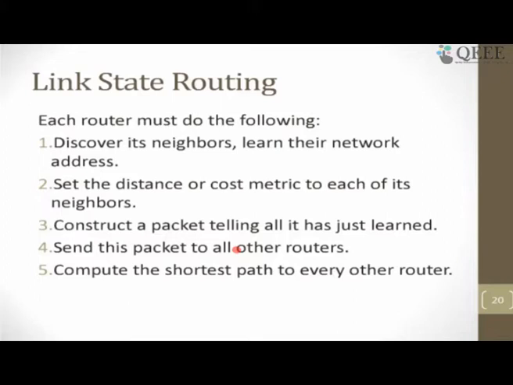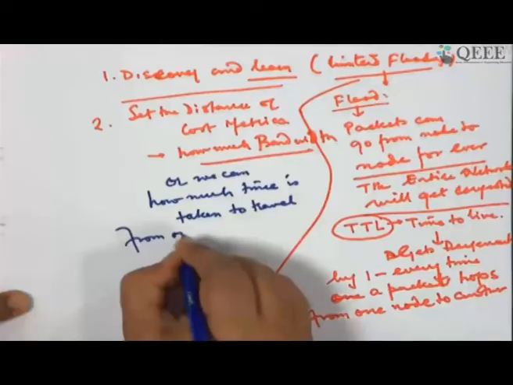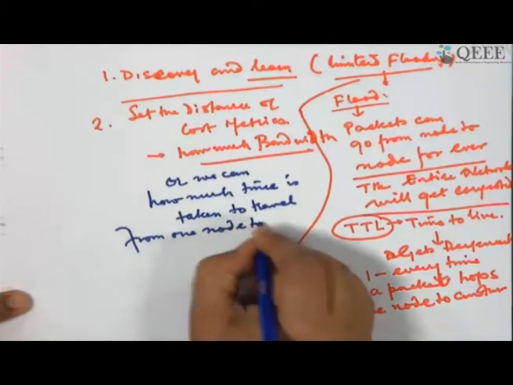We can do this dynamically, or adaptively. We can see how much bandwidth, or we can see how much time is taken to travel from one node to another.